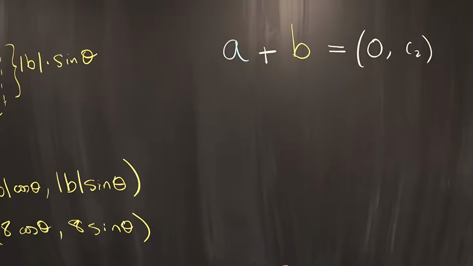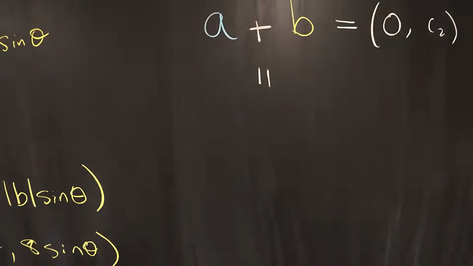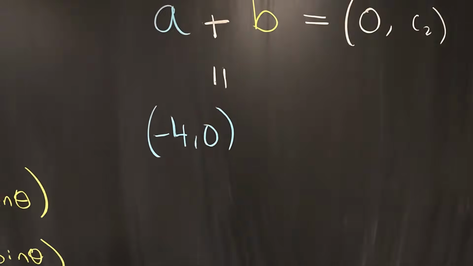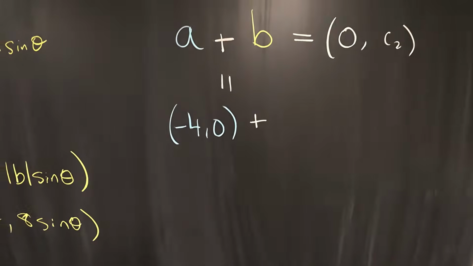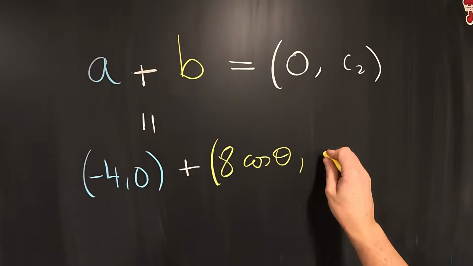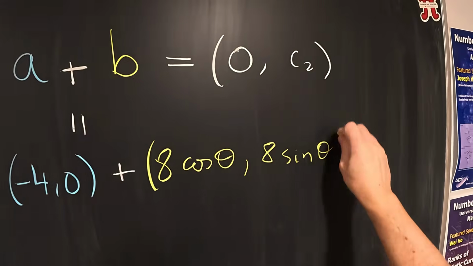I know that A is minus 4, 0, and I know that B is 8 cosine theta, 8 sine theta.